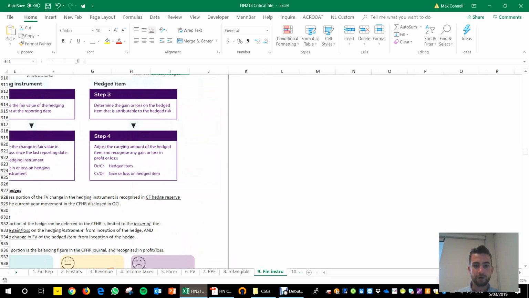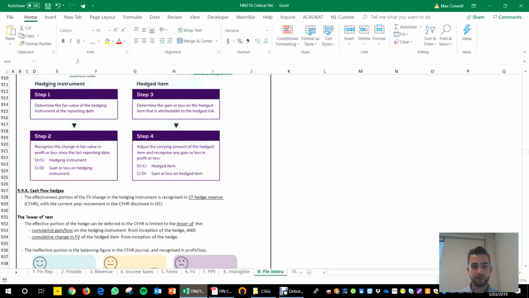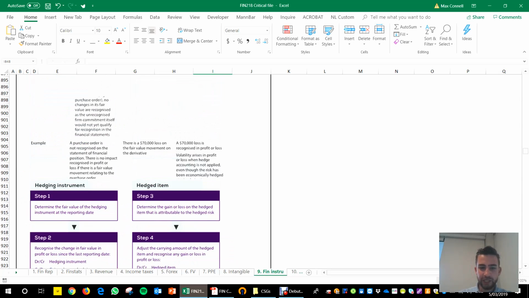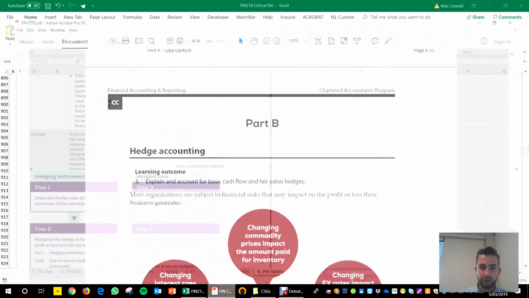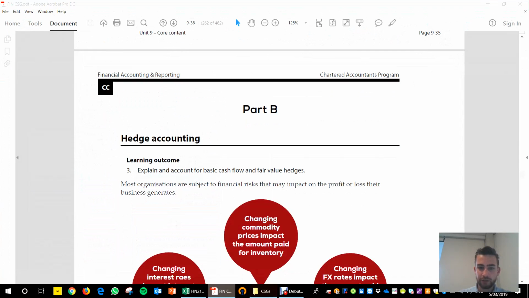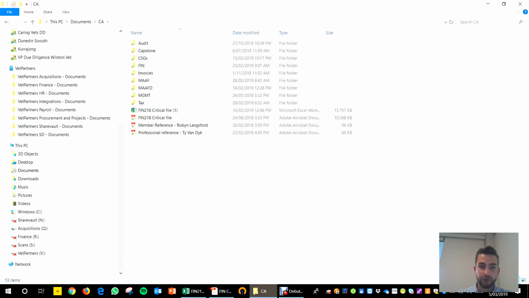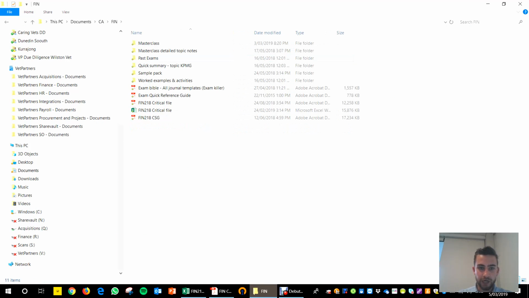Of course we have to actually calculate the financial instrument as well and the impact of that, but we're just talking about the hedging instrument at this point in time. So that's how we calculate fair value hedges, hedge accounting, and we'll talk about that a little bit more in regards to the journals that we actually have to post. So I'm just bringing them up now.